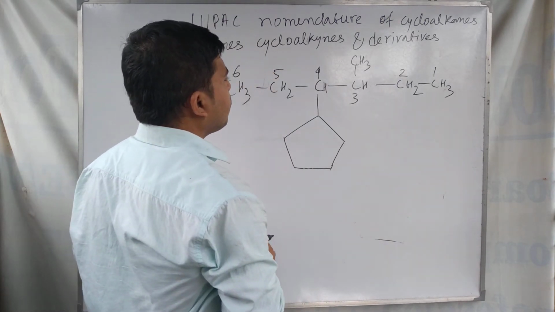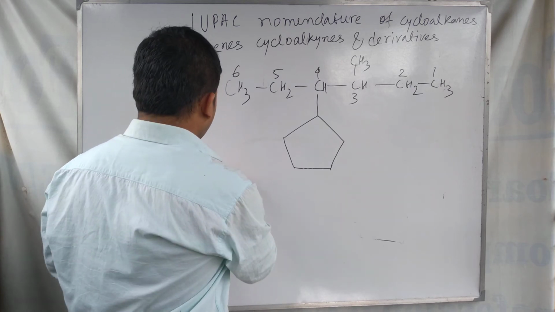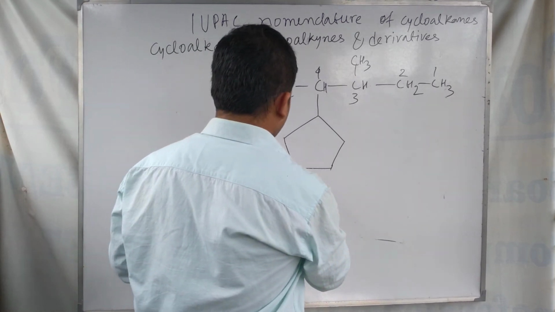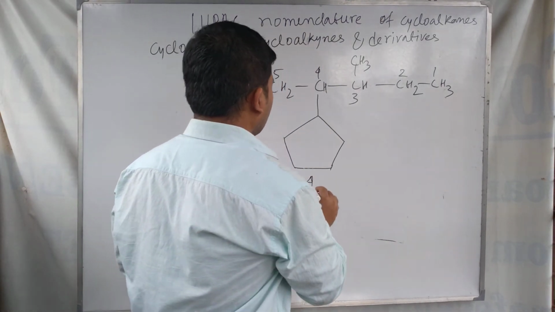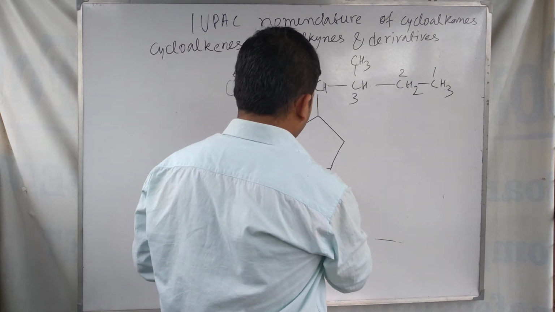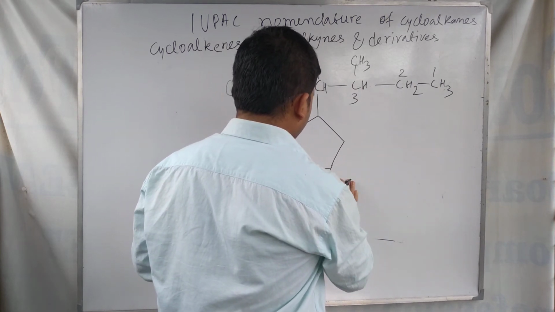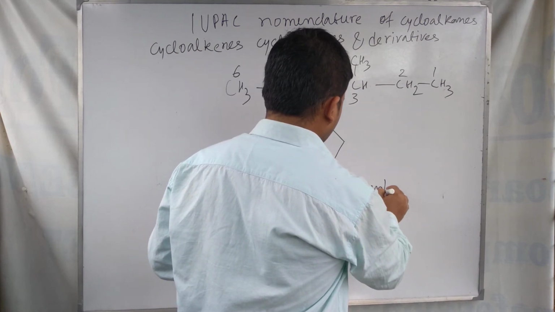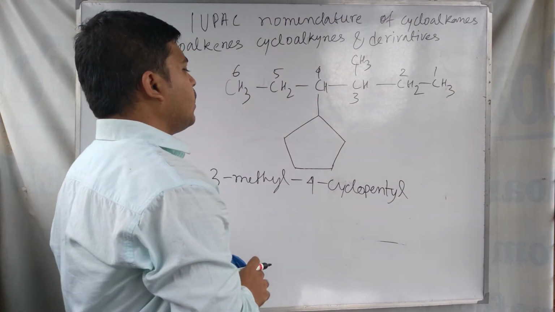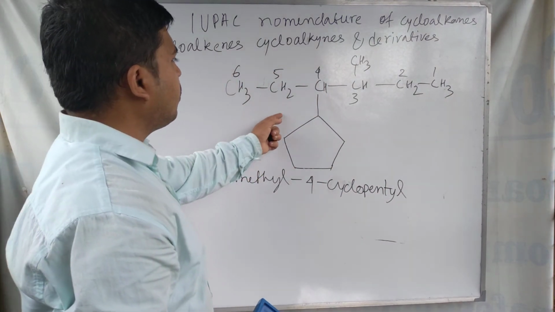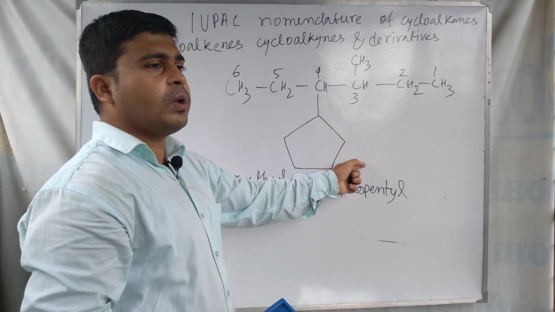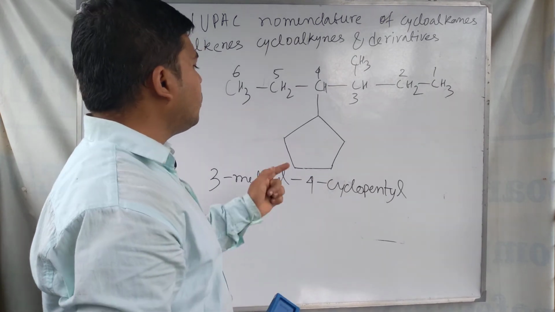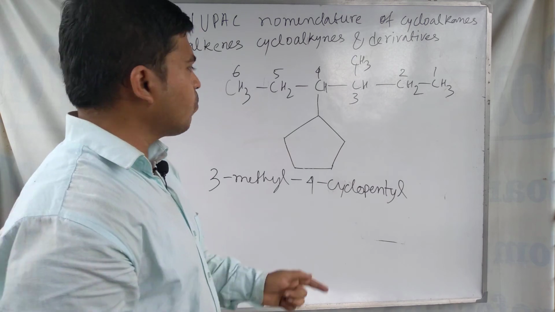The IUPAC name is 3-methyl, 4-cyclopentyl, because this one is cyclic and behaving as an alkyl group, a cyclic alkyl group. So 3-methyl, 4-cyclopentyl, 5 carbons are present.